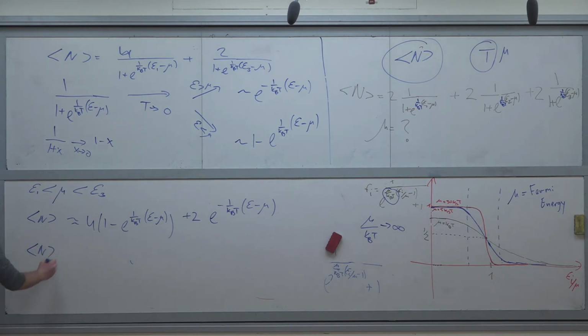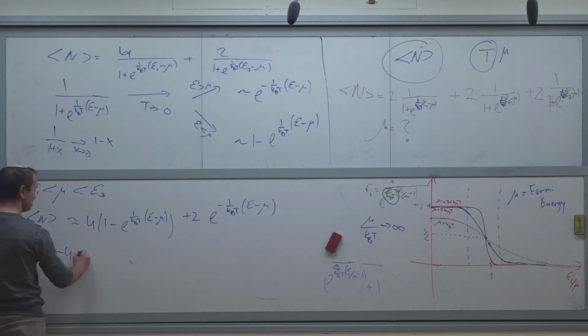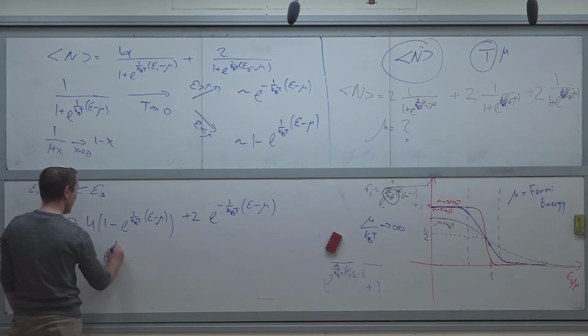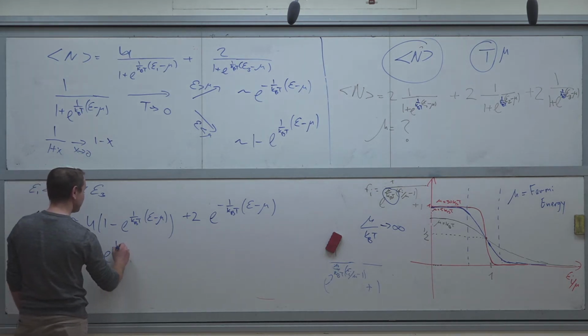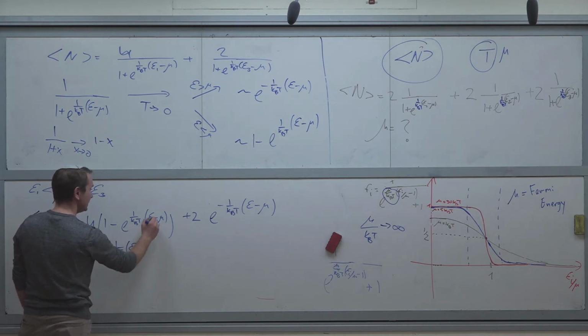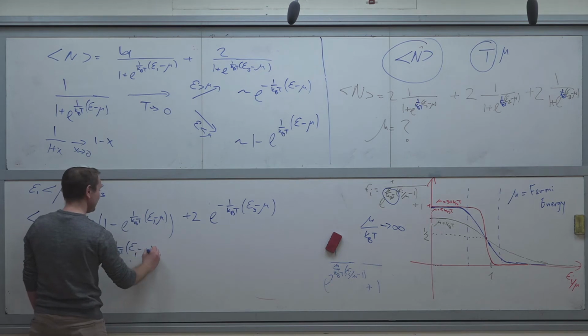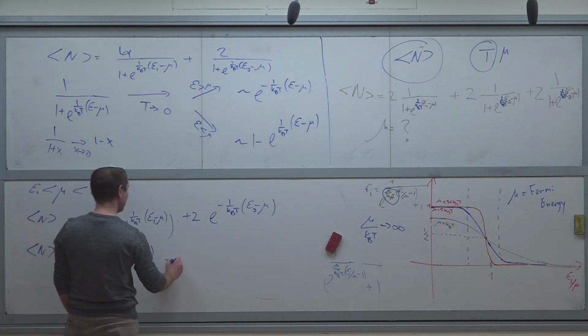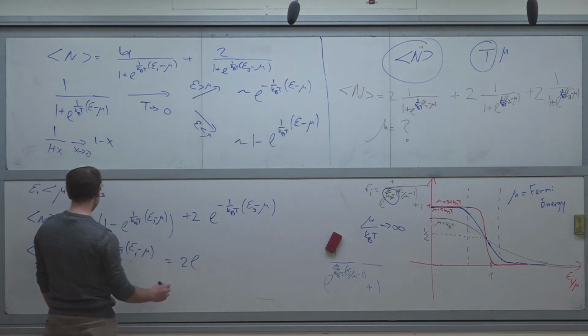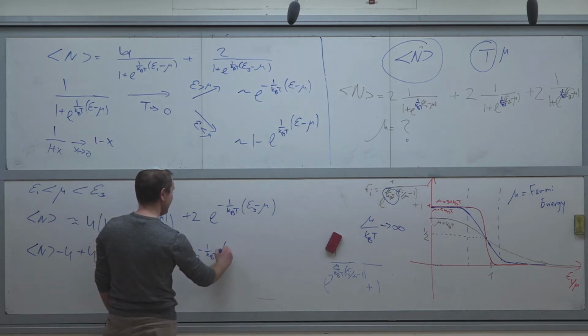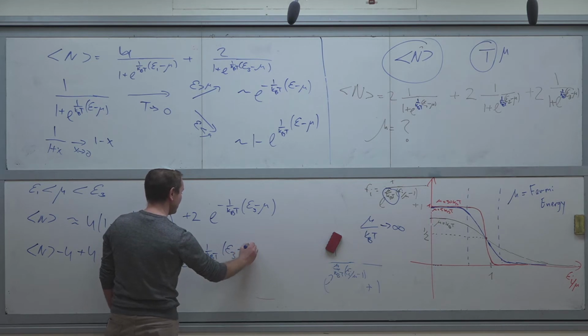So we have n minus 4 plus 4 e to the power 1 over k Boltzmann T of epsilon 1 minus mu equals 2 e to the power minus 1 over k Boltzmann T of epsilon 3 minus mu.